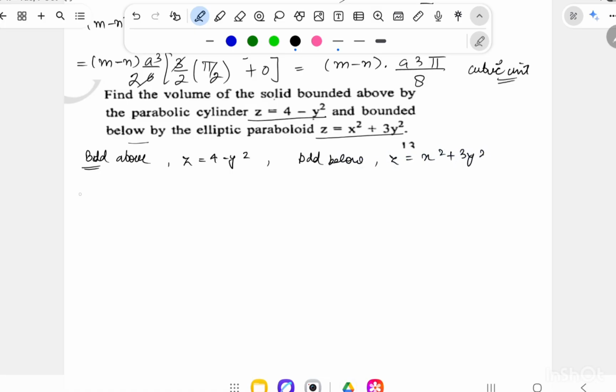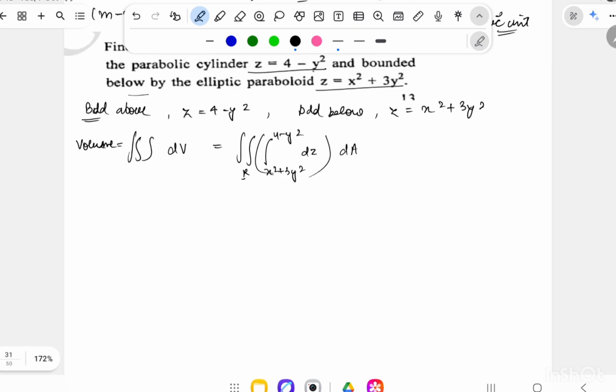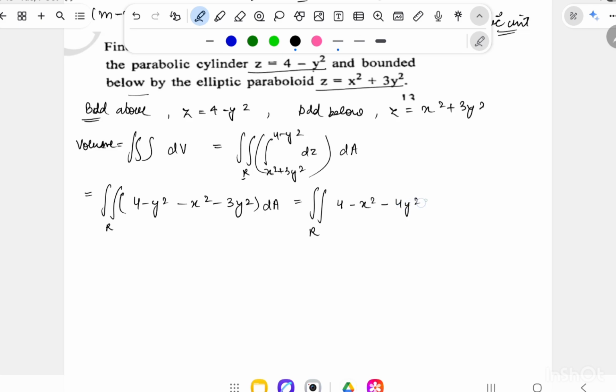So volume will be basically triple integration dV, that is the same as double integration over R, the shadow of the region, into z varies from x square plus 3y square to 4 minus y square dz times dA, which is equal to double integration over R of 4 minus y square minus x square minus 3y square dA, which simplifies to double integration over R of 4 minus x square minus 4y square times dA.